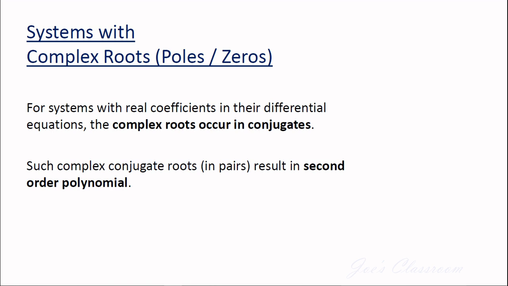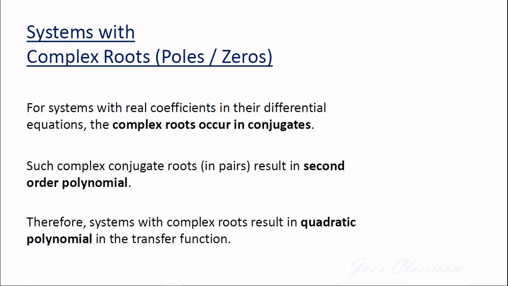Therefore, if the complex roots are going to occur as conjugates, then the pair of roots is going to result in a second order polynomial. Therefore, the systems with complex roots will result in quadratic polynomials in their transfer function.